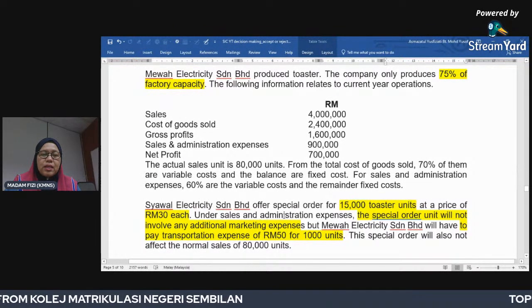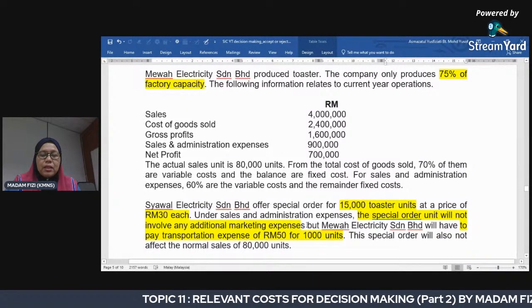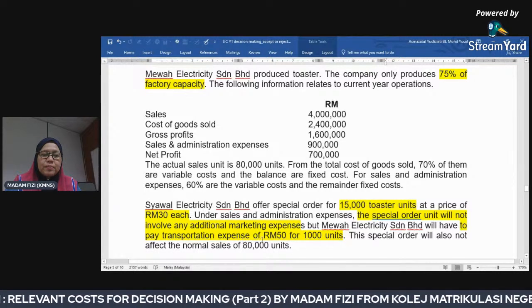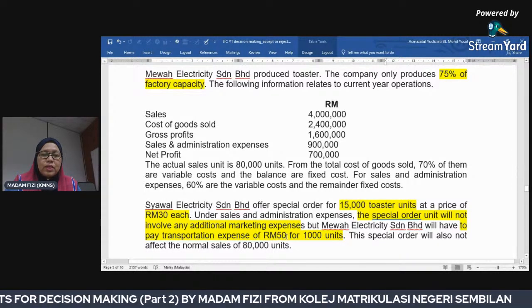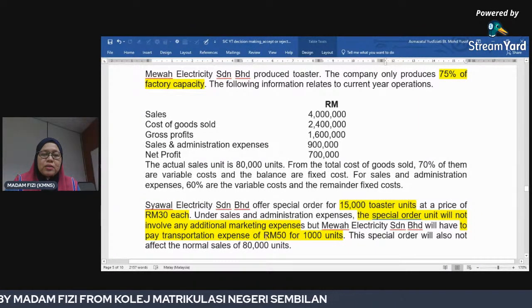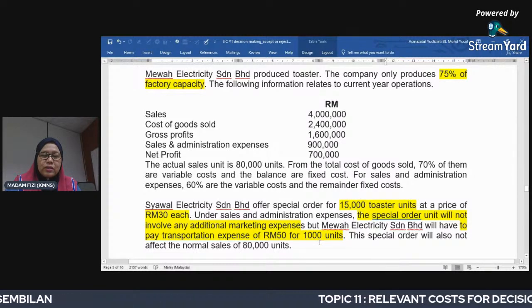Under sales and administration expenses, the special order will not involve any additional marketing expenses. But Mewah Electricities Berhad will have to pay transportation expenses of RM50 for 1,000 units. So RM50 for 1,000 units, and now we have 15,000 units for the special order.